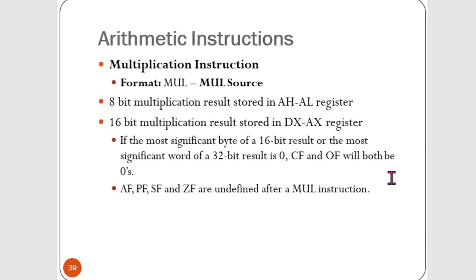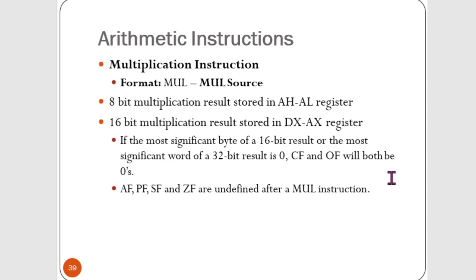Normally 8-bit multiplication is possible, and 16-bit multiplication is also possible. When you go for an 8-bit multiplication, the answer will be stored in the AH and AL registers. When you perform 16-bit multiplication, the answer will be stored in DX and AX. The idea is that in this multiplication there will be only one operand, like mul CL register.